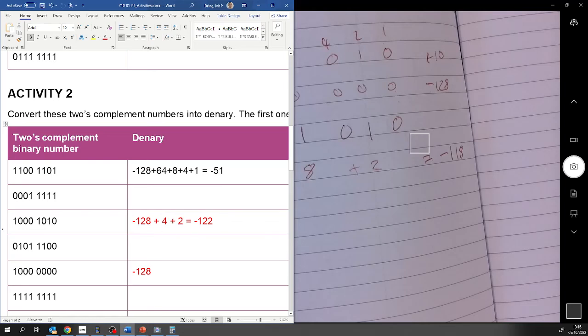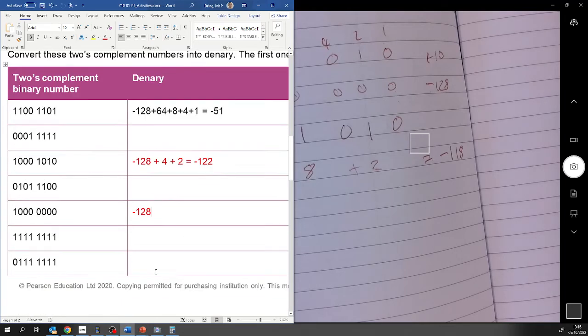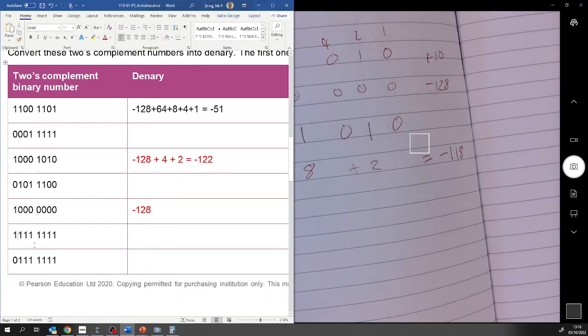So let's look at a faster way of doing this. Hopefully you'll have got to this one down at the bottom. We know it's negative because the most significant bit is a 1, which means it's going to be negative. That most significant bit is worth 128. And then we add on to that minus 128, 64 and 32 and 16 and 8 and 4 and 2 and 1.